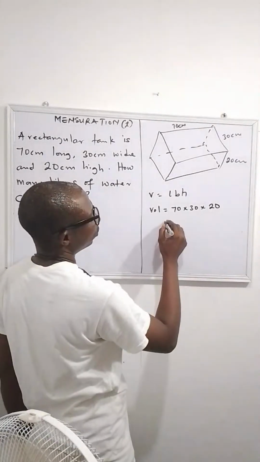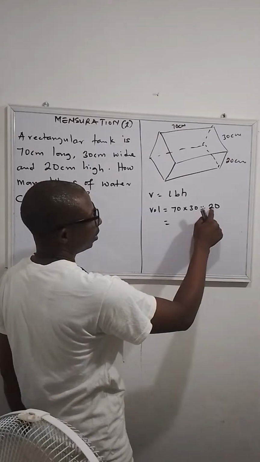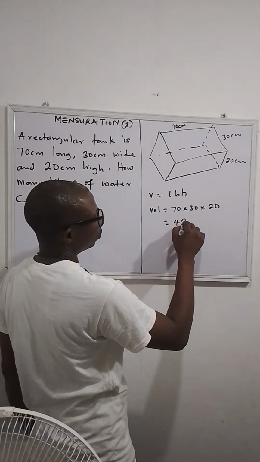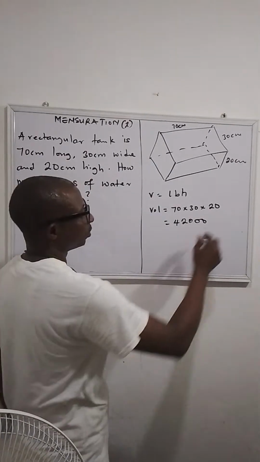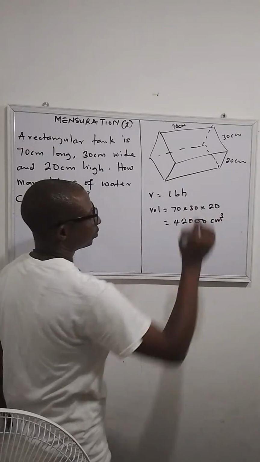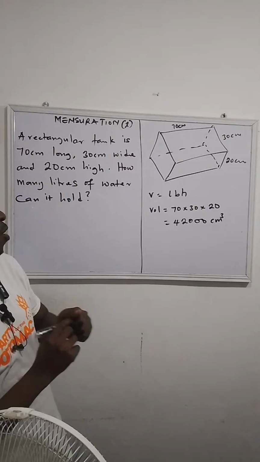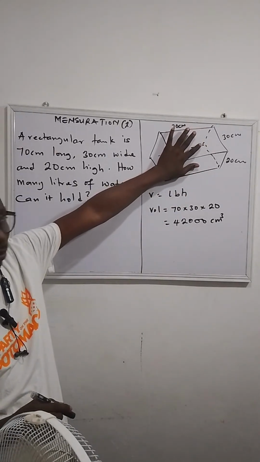Let's multiply everything. 7 times 3 is 21. 21 times 2 is 42. So that's 42,000 centimeter cube. You get that now? This is the volume of water that this tank is going to contain.